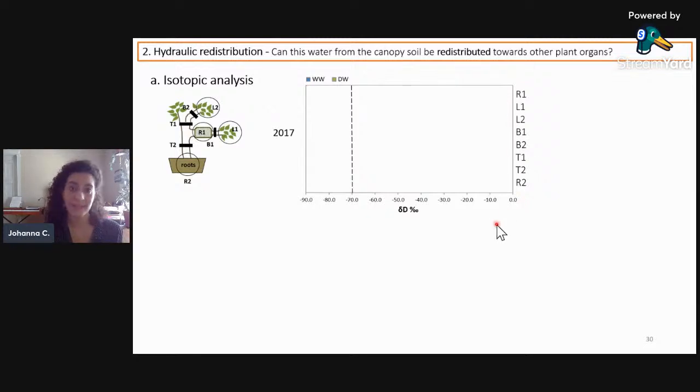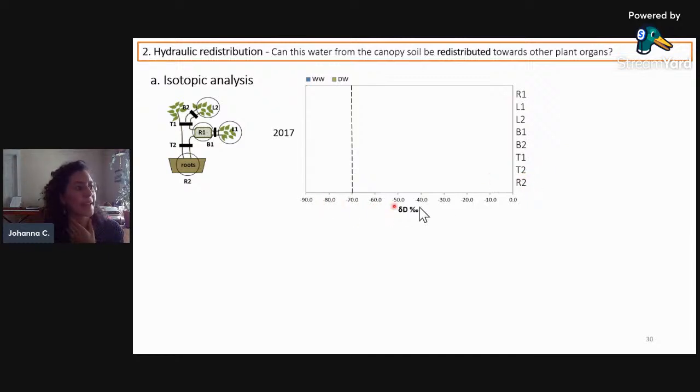And just to understand these results, I'm going to explain this plot first. On the y-axis, we have R1 that represents the canopy soil. We have L1, L2 that represent the leaves of this branch, the leaves of a neighbor branch, and so on. So we have different samples that we collected.